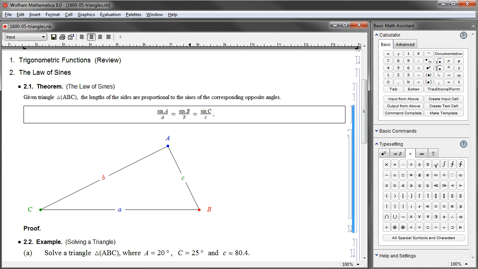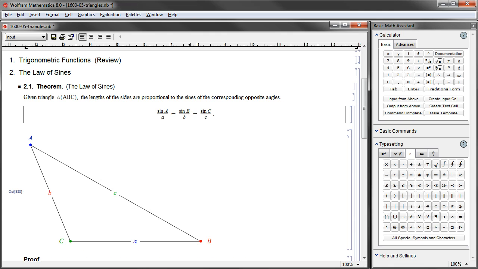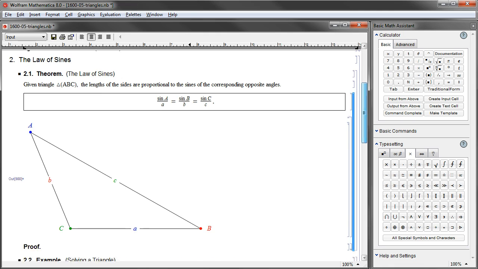In order to emphasize those oppositenesses, I color-coded my picture here. Small a and capital A are in blue, small b and capital B are in red, small c and capital C are in green.